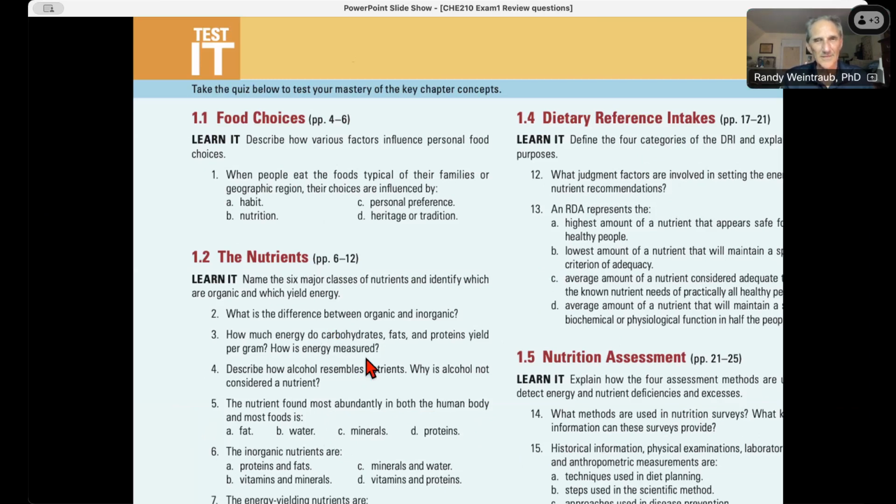And as I say in the test, when you're taking the test, what I expect in the short answer or short essay is full sentences when it's asking you to discuss, or list and discuss.